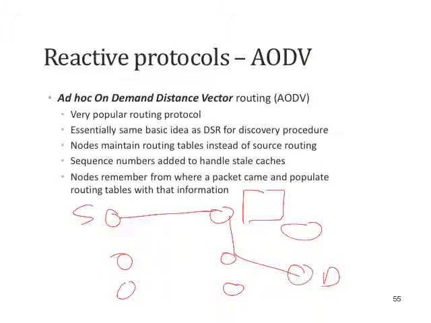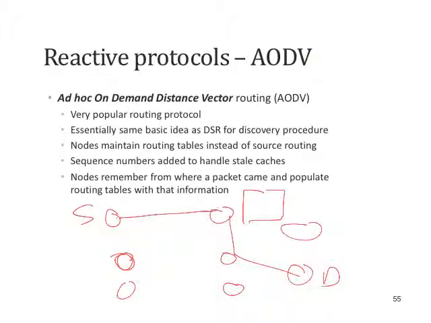So the route will get established on demand, but once you establish a route, keep it in the cache for at least some time. Okay? So when you have another demand from this node to reach that destination, I will send the flood, right? I will flood. The flooding will reach here, and will reach here.